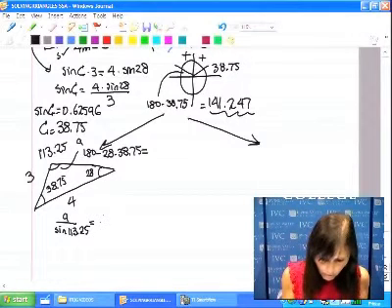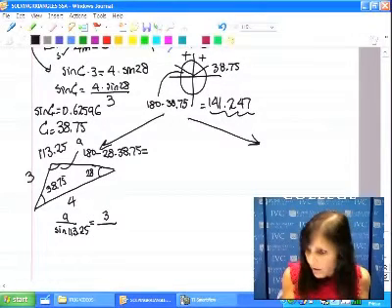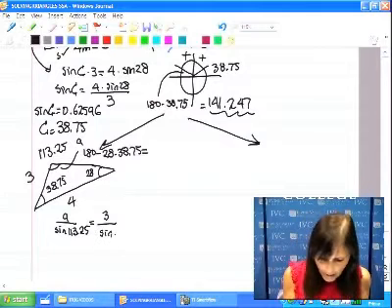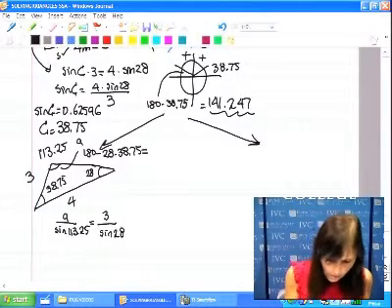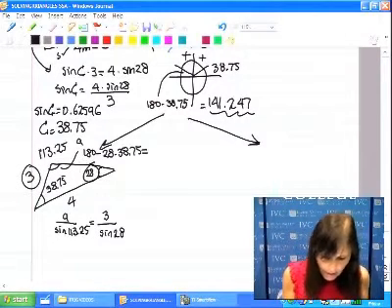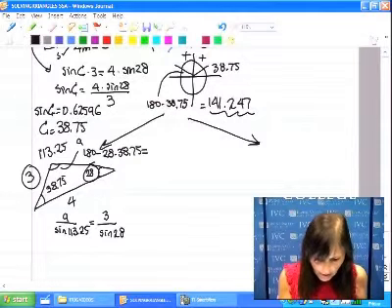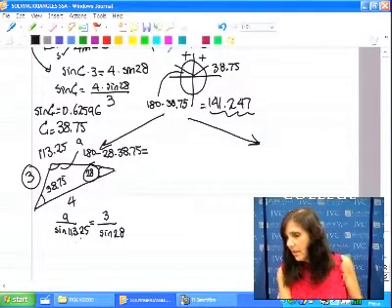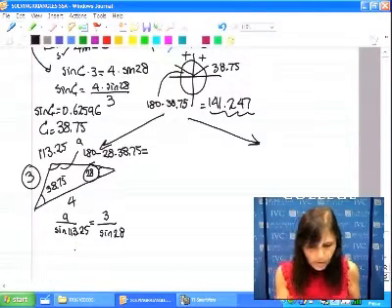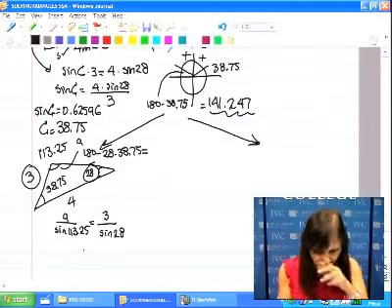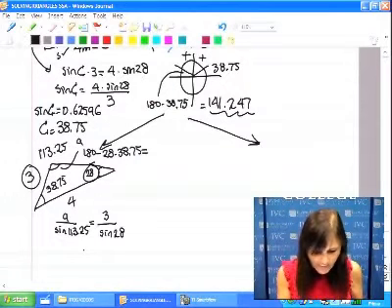That's going to be equal to 3 over sine of 28, right? Because 3 and sine of 28, and A over sine of 113.25. So does that work?